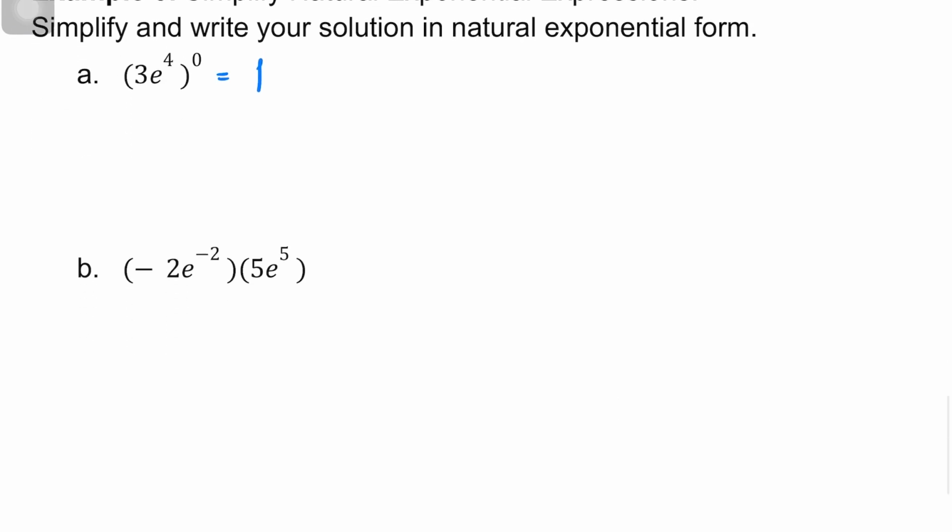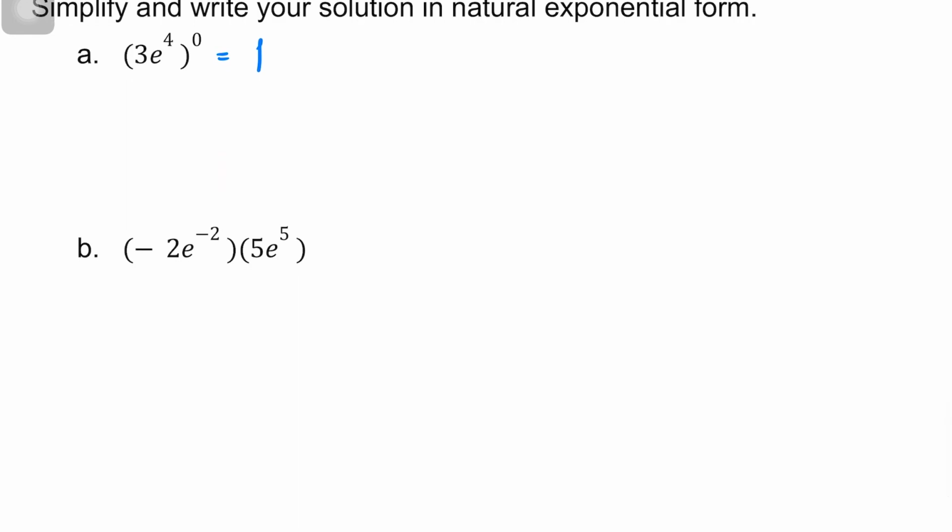And the next one, we have multiplying these two numbers. So when we multiply, it's the same thing as we had negative 2 times e to the negative 2 times 5 times e to the 5. Everything's being multiplied here. There's no addition, so there's no distribution. So when we do this, we multiply the values negative 2 with 5.